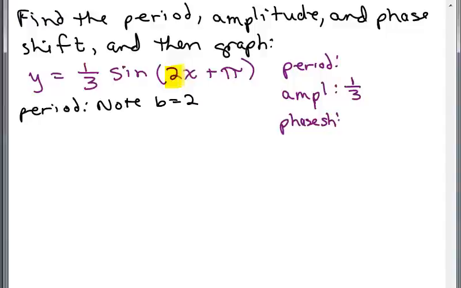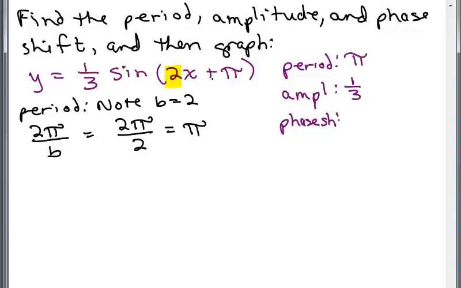All right? And so to get the period, we always do 2 pi over b. So in this case, that would be 2 pi over 2, which is pi units. So the period will be pi.